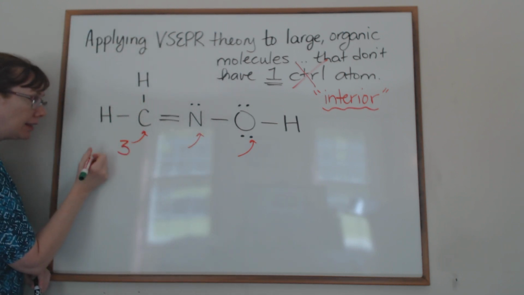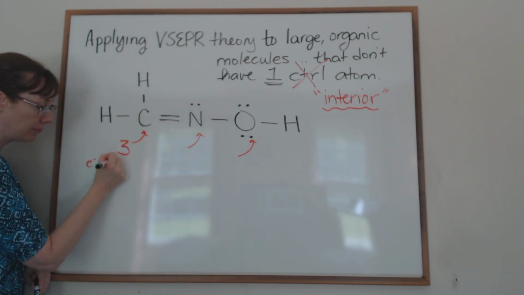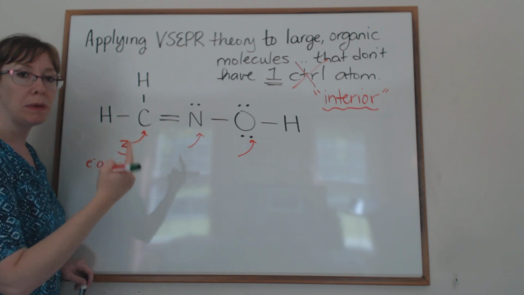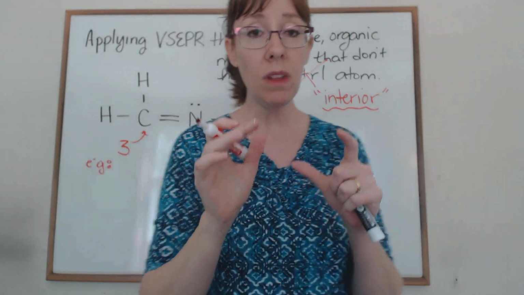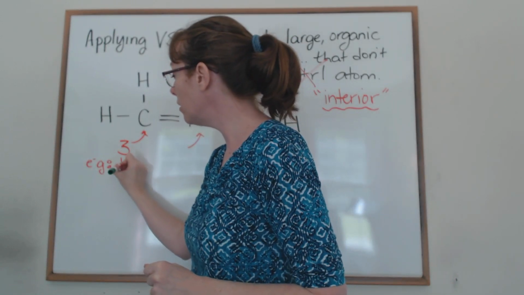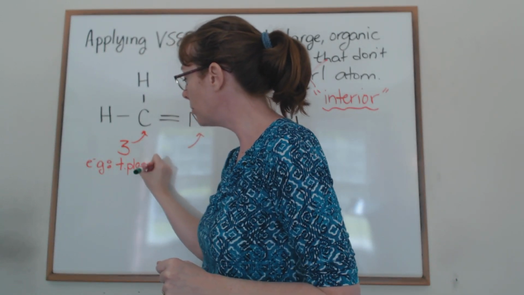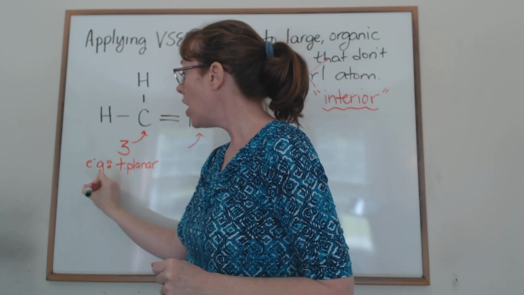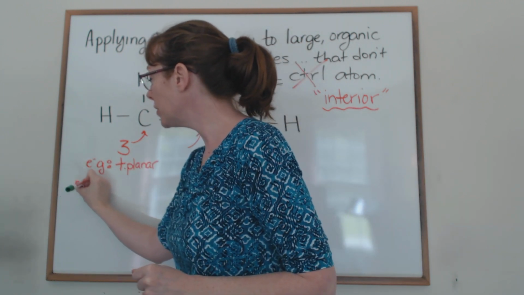From that number, you can get the electron geometry. The electron geometry will just be the exact name that was in that table that we created. So that's going to be trigonal planar. You can get the molecular geometry.